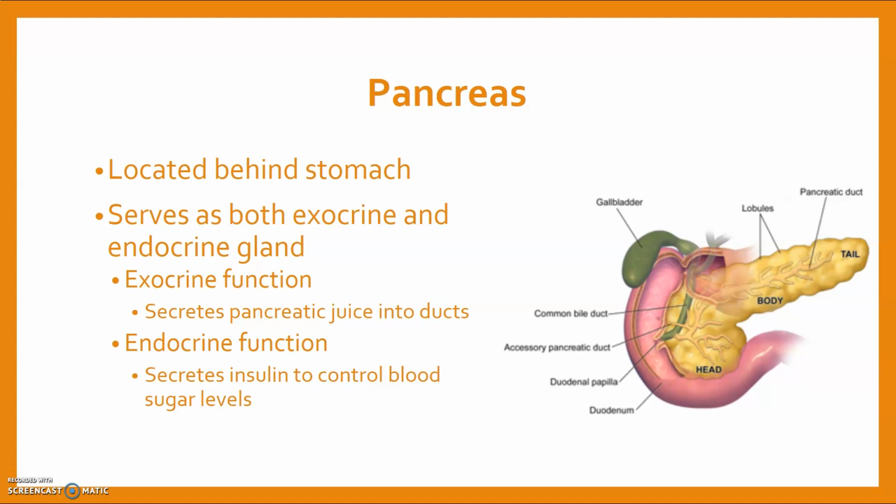So with exocrine you have the presence of ducts, whereas with endocrine glands, the secretions are able to go through without ducts. An example of an exocrine function of the pancreas would be the secretion of pancreatic juice into ducts. And an example of an endocrine function of the pancreas would be secreting insulin, which is important in helping to control blood sugar. So insulin helps to lower your blood sugar.